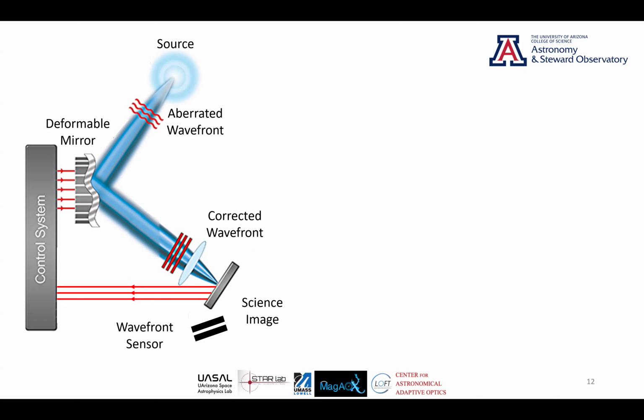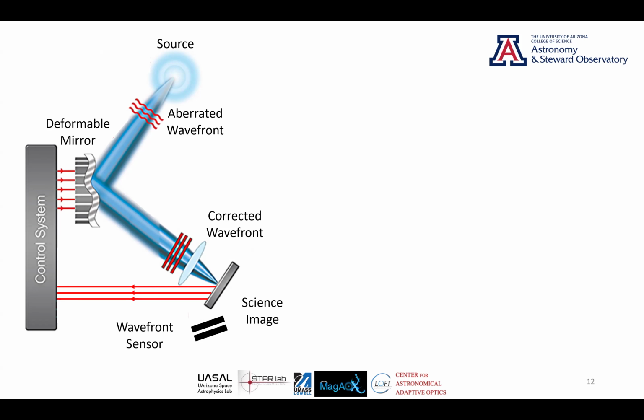We get around the issue of non-common path aberrations by, instead of using a secondary path for the wavefront sensor, using the science image as our wavefront sensor. That's why we are interested in LDFC, because it uses the bright field that's already in our science image, post-coronagraph.